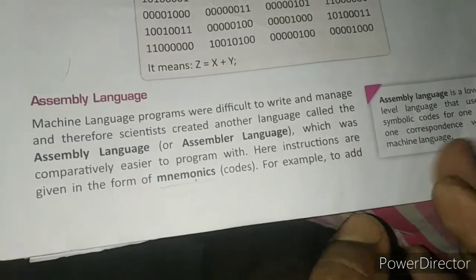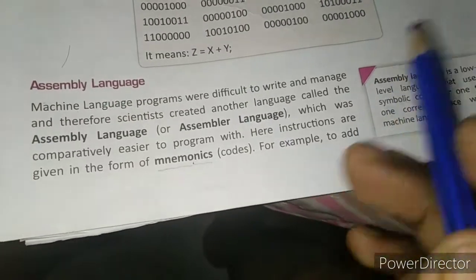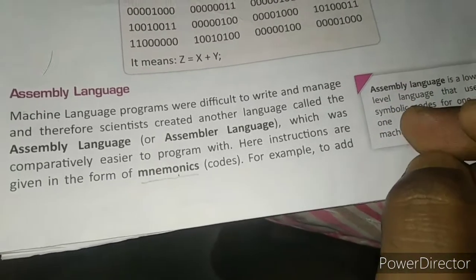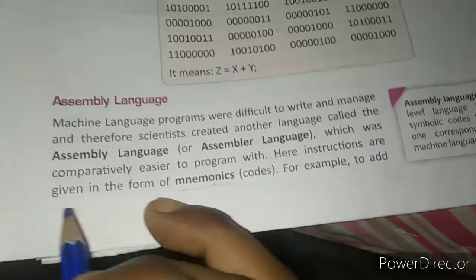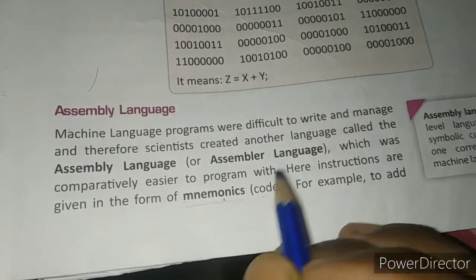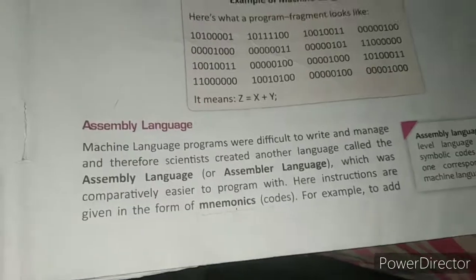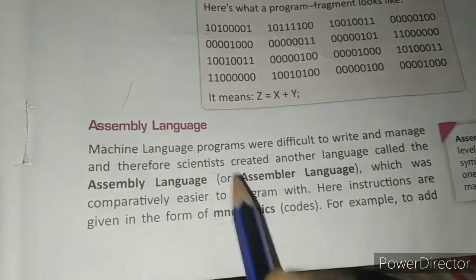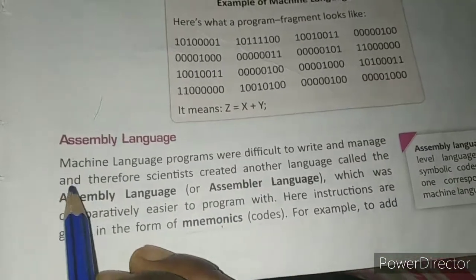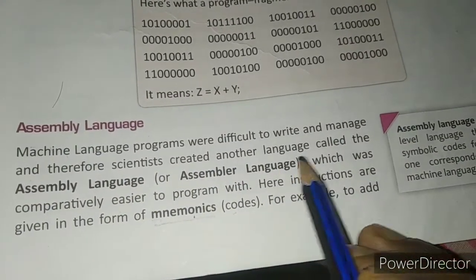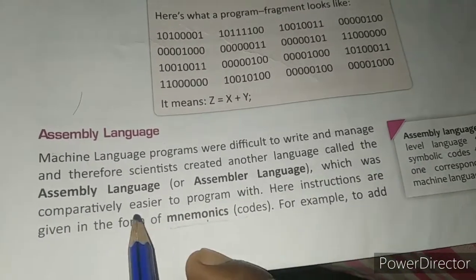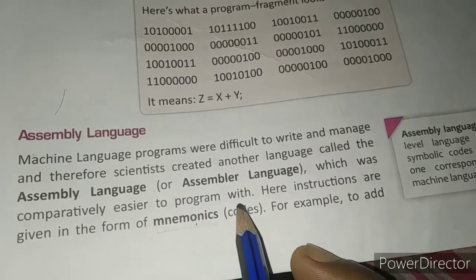Here it is somewhat similar to the English language, but some English words are used, which are known as mnemonics. So this language is known as assembly language. Machine language programs were difficult to write and manage, and therefore scientists created another language called assembly language or assembler language, which was comparatively easier to program with.